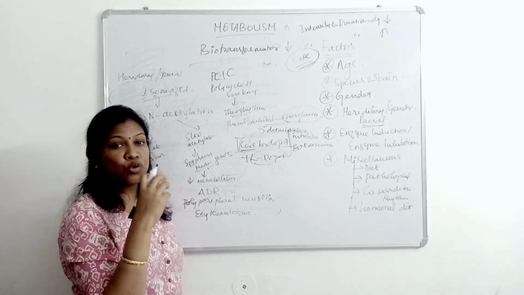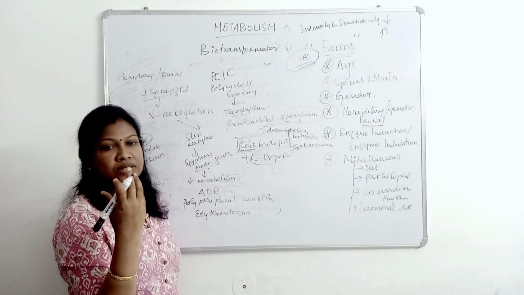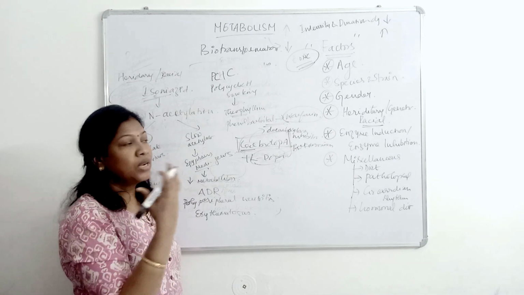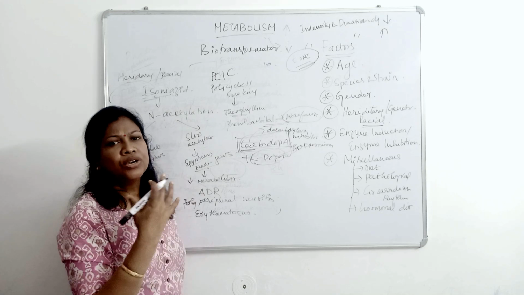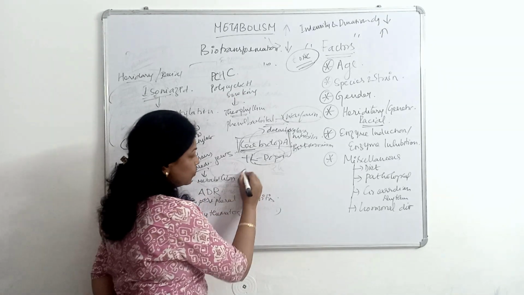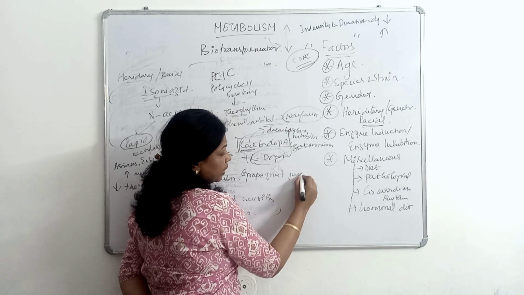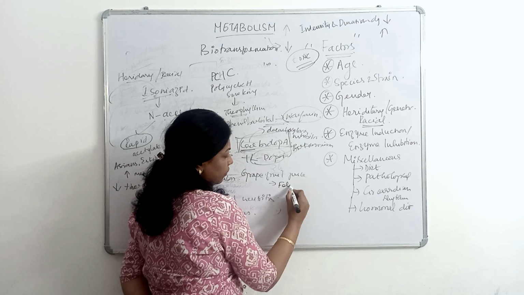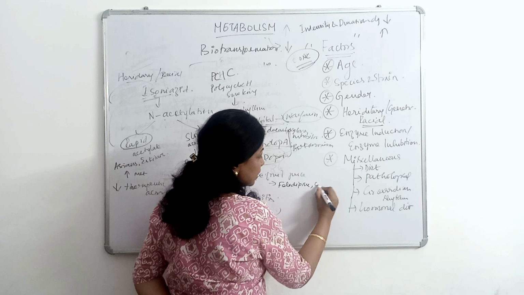Also MAO inhibitors, monoamine oxidase inhibitors, which inhibit the monoamine oxidase that metabolizes adrenaline. That is also a beneficial effect of enzyme inhibition. There are some harmful effects also which lead to accumulation of the drugs in the body, like grapefruit juice. Grapefruit juice cannot be given along with drugs like calcium channel blockers such as felodipine or immunomodulators like cyclosporin.